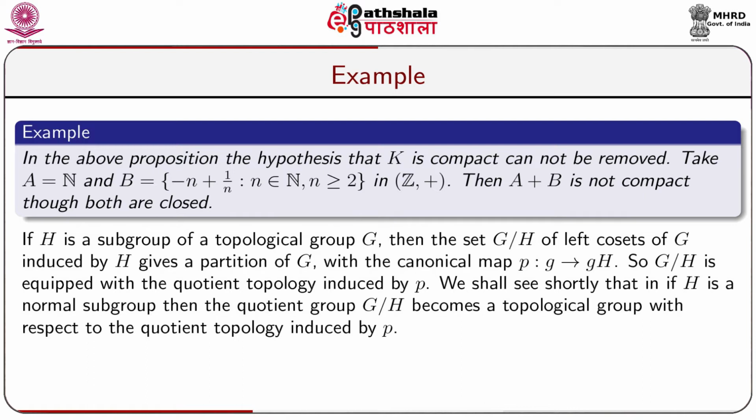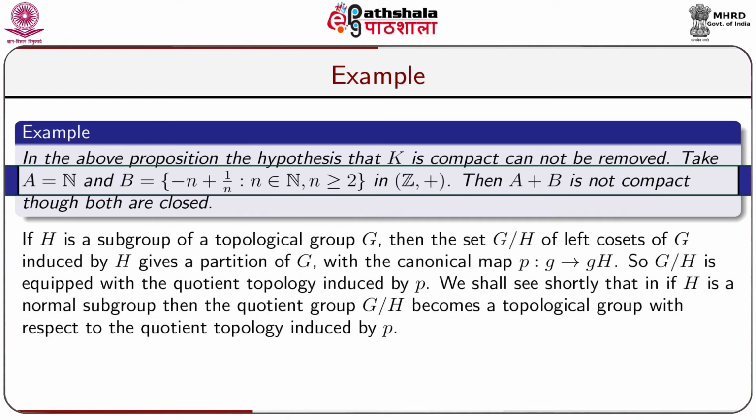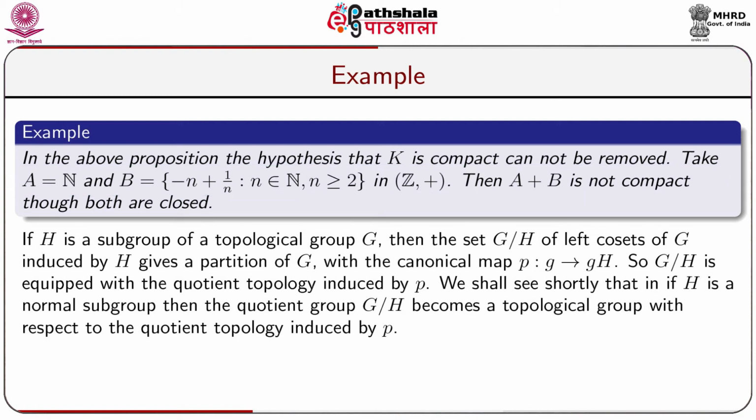For this, let us consider A equal to the set of natural numbers and B equal to minus n plus 1 by n, such that n belongs to the set of natural numbers and n is greater than or equal to 2.